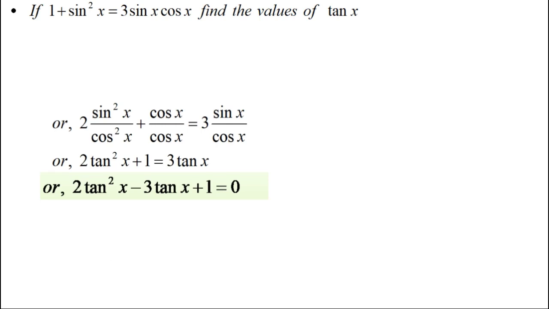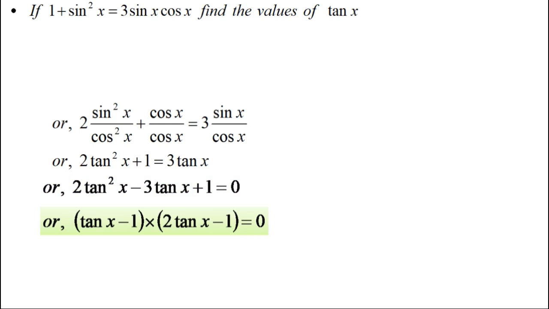Now factorize the expression 2 tan square x minus 3 tan x plus 1. We get (tan x minus 1) into (2 tan x minus 1) equals 0, or tan x equals 1 or 1 by 2. Here, if you want, you can use the Sridharacharya formula.